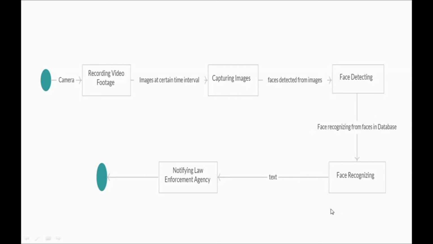If a face is recognized, you are giving a message to the user or a law agency. Why is this used? Because this is for face detection of criminals. So once the match has occurred, you can send a text message to the user.